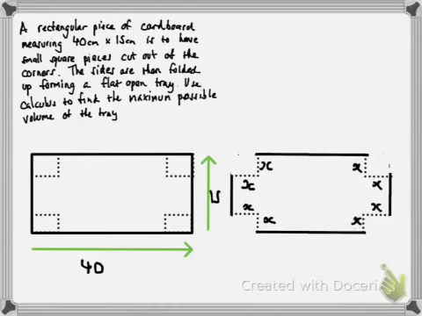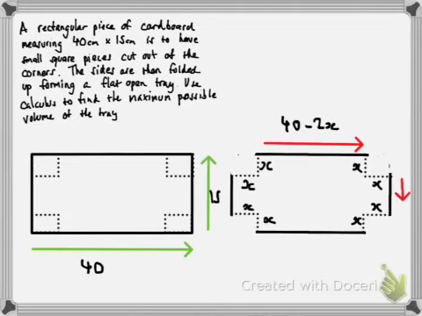That would mean that distance there would now be the original 40 minus 2 lots of x. 1 lot of x from there, 1 lot of x from there. So that is now 40 minus 2x.